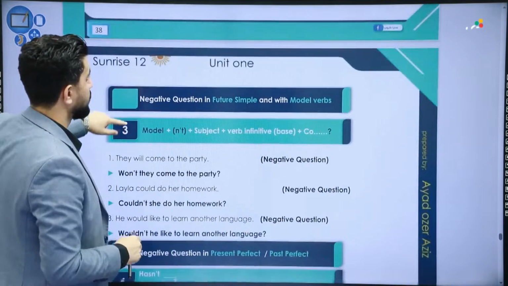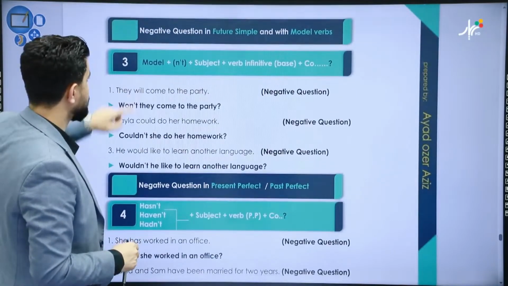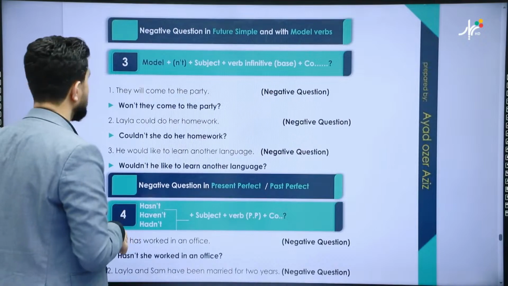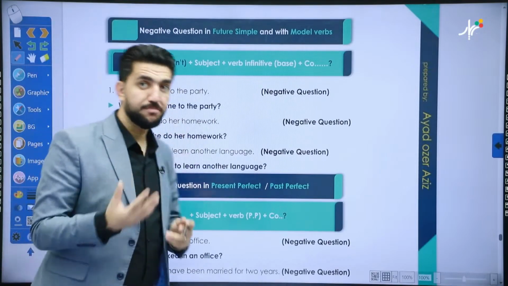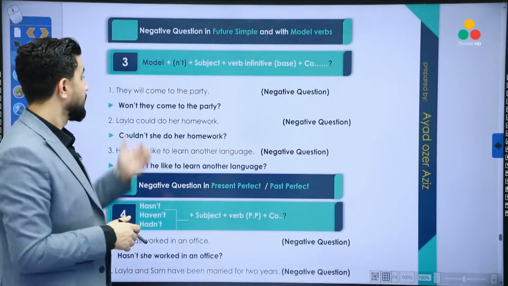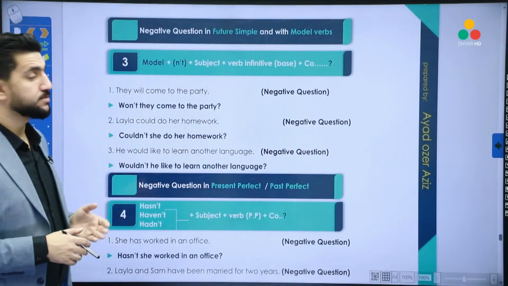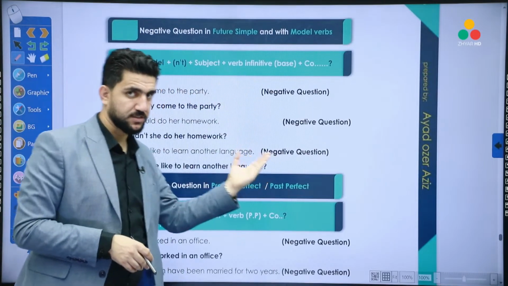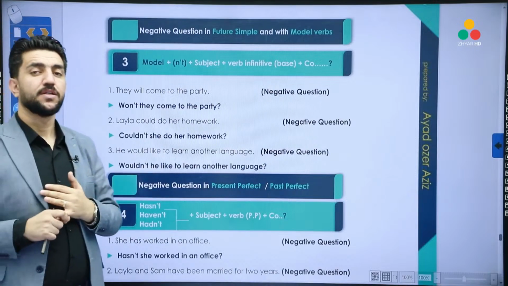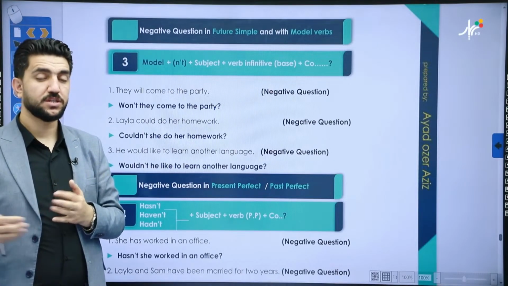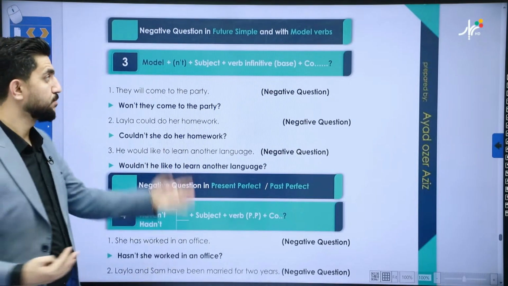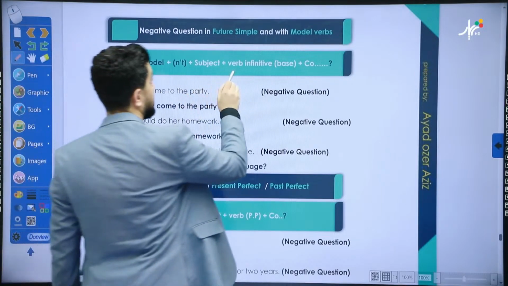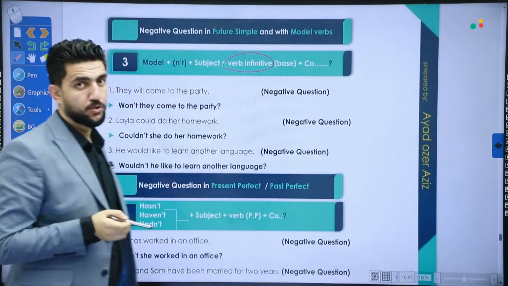Okay, what about this one when we have future, negative question when it comes to future, or with modal verbs, let's say. We use the modal verb plus not, subject, and plus infinitive. Don't forget, verb to do, did, does, they're always followed by infinitive, and modal verbs are also always followed by infinitive, which we call base.